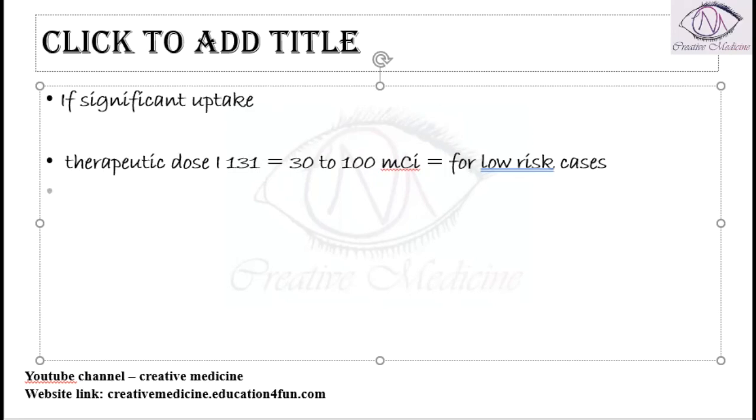For low risk cases, the therapeutic dose of iodine 131 is 30 to 100 mCi, whereas for high risk cases it is 100 to 200 mCi. So this is very important. This is the therapeutic dose which should be given if the patient has significant uptake of iodine 123.